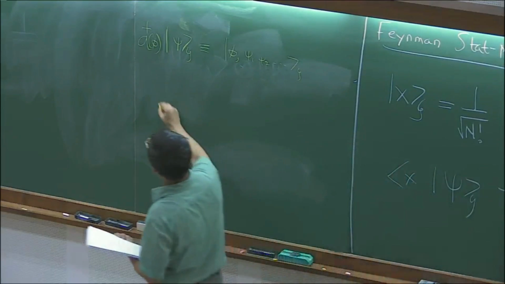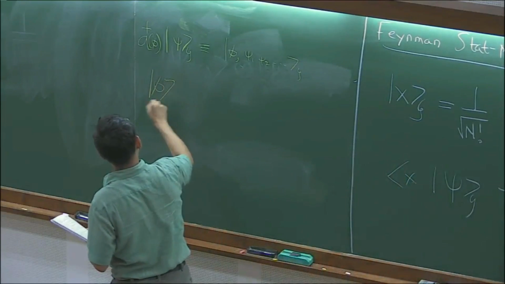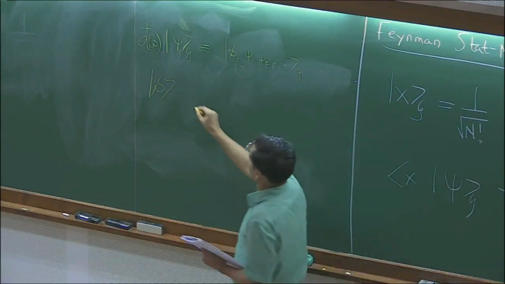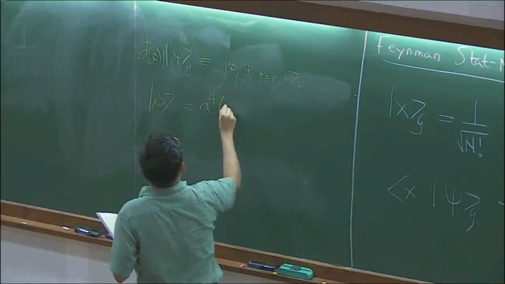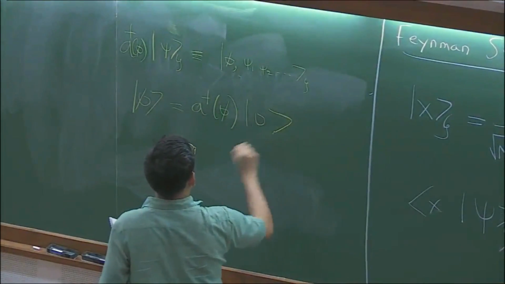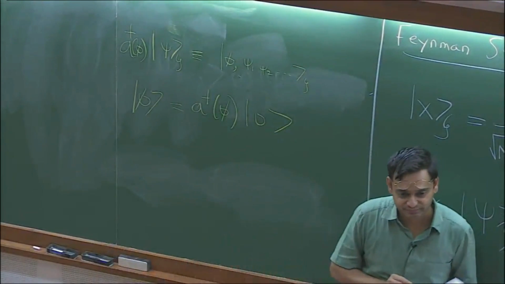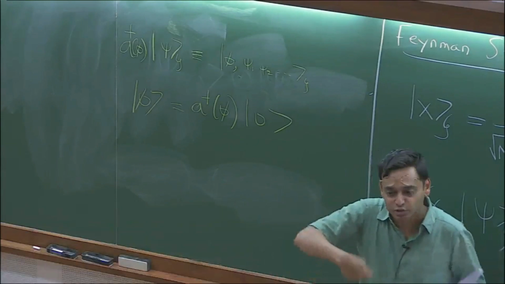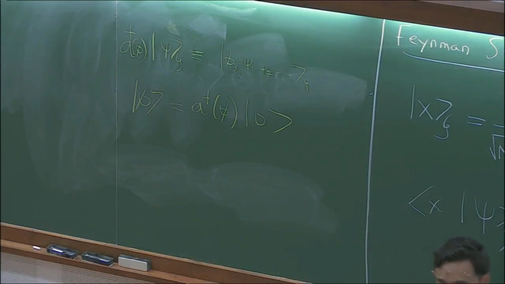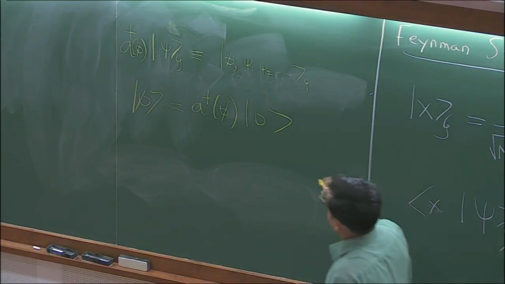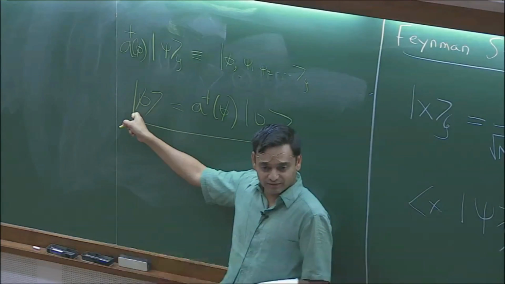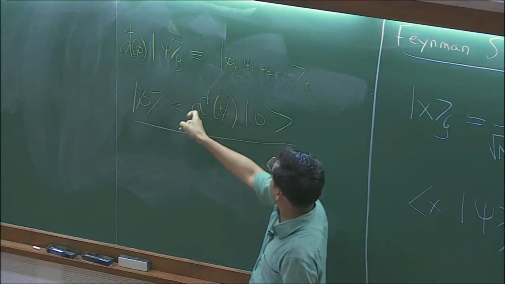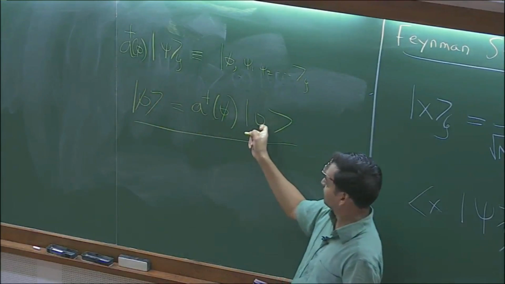For consistency, you define the single particle state phi, which has just one particle in orbital phi, as the action of A dagger of phi acting on a vacuum state, which is the state with no particles. This is just language, we just want to make it all consistent, then we can use it very algebraically without thinking very long. That's the advantage, yeah? So this creates a single particle in orbital phi. It creates it by adding a particle to the vacuum.